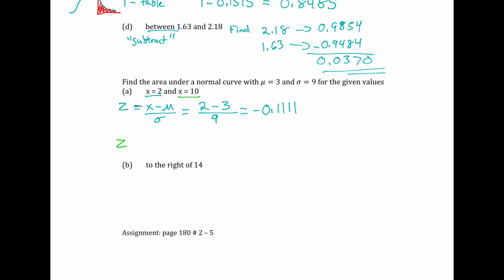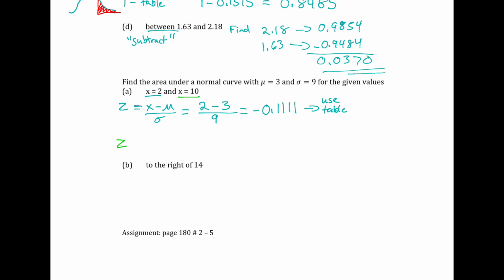It's all the ones. But I'm stopping at 4 because the table only has 4 decimals, right? So there's no reason to go past that. That's already plenty. So now what I'm going to do is I'm going to use the table and find out what this probability number is.